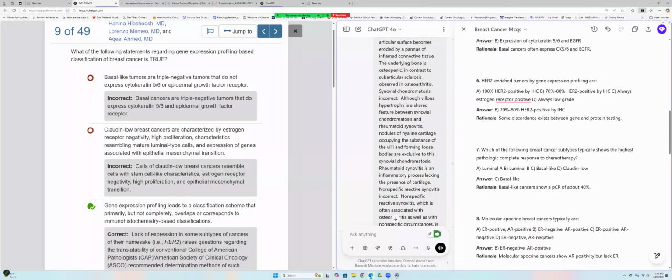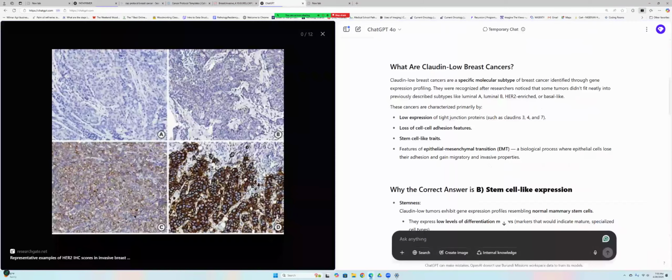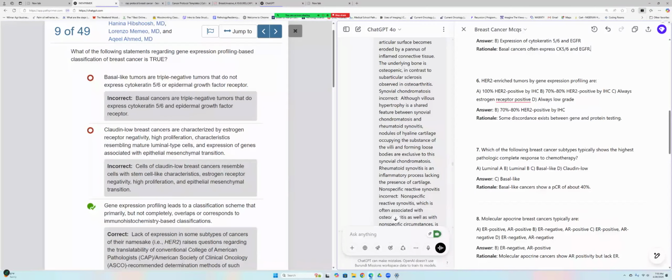If the percentage of cells positive is 70 to 80%. Remember, you just need more than 10% to call it 3 plus. But if it's so positive, like the one we see here, assuming this one here is ER negative, PR negative, but HER2 70 to 80% like this, then that's HER2 enriched.